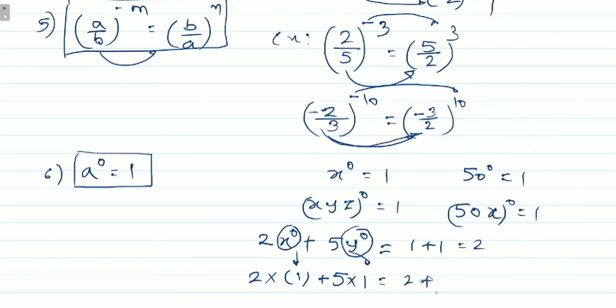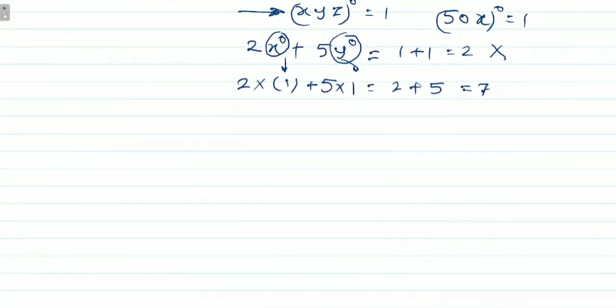So it will be 2 times 1 is 2 plus 5 times 1 is 5, 2 plus 5 is 7. So 2 is the wrong answer. So always keep in mind, if the power is given to the bracket, then only is the power of the whole term. Okay, so now just two more formulas and then we'll be able to solve the exercise.